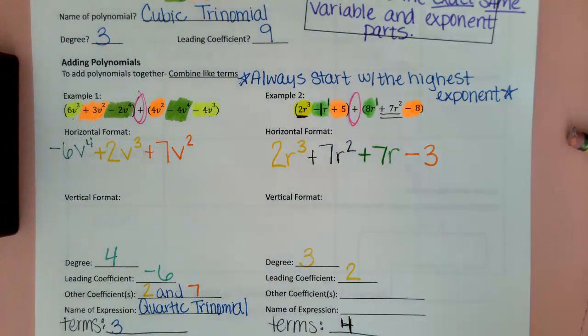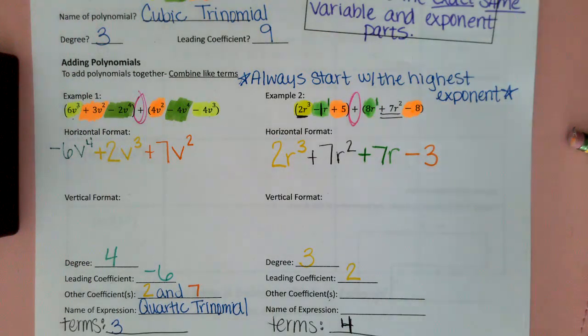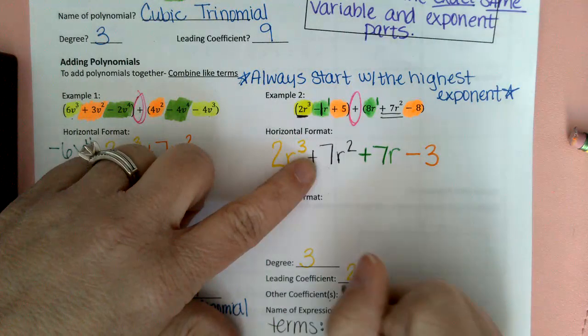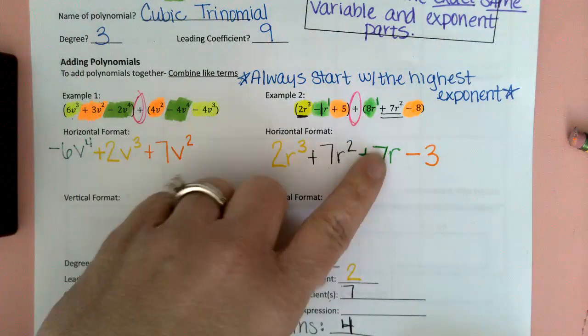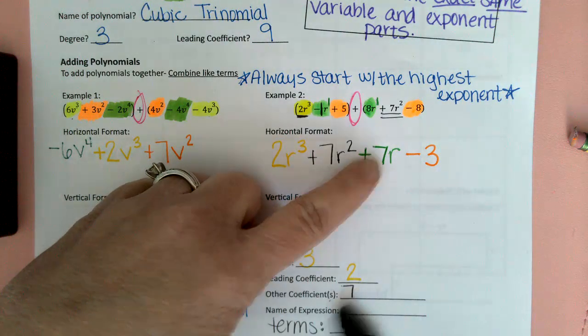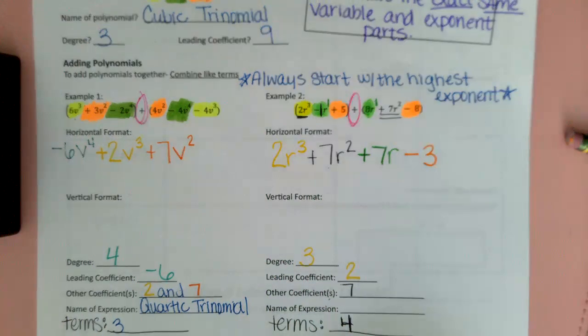That's why I've tried to color coordinate it all for you. Now, other coefficients, remember, that's other numbers in front of the letters. So that would be a 7. And we have a green 7 as well, but since we're making a list, you don't have to list it twice. And that's it, just 7 besides the leading coefficient of 2.